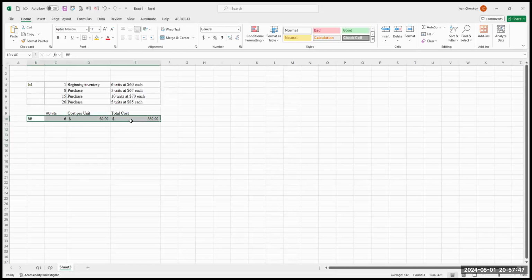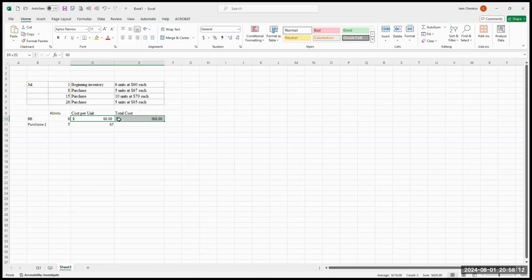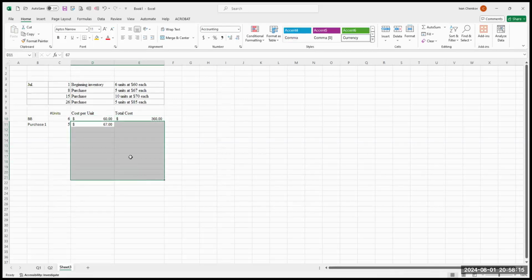Since I have my beginning balance, next thing that I have to do is to find out my purchases. On July 8th, I have purchase number 1, and with purchase number 1, I purchased exactly 5 units at a cost of $67 per unit, and that's going to give me a total of $335, sorry.